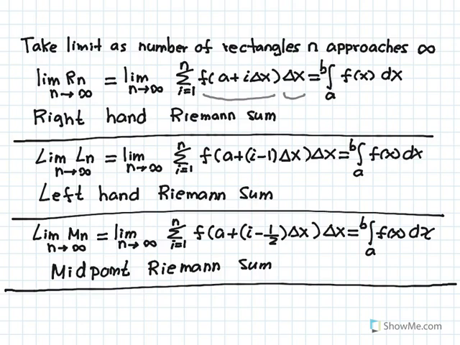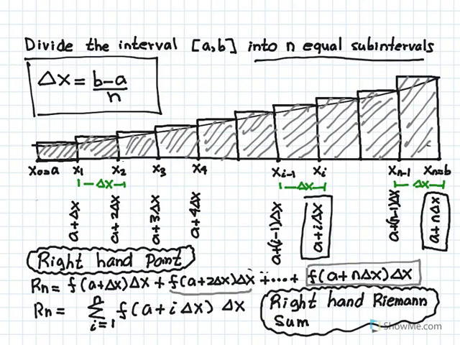The left-hand rule is where, on every interval, we choose the left endpoint. So it's going to be f of (a plus (i minus 1) delta x) times delta x. That's the left-hand Riemann sum. Let's go back to the diagram and show that. I'll color it in a different color, let's say red. All right, so the left Riemann sum is going to be like that. In this interval, we choose the left-hand point.